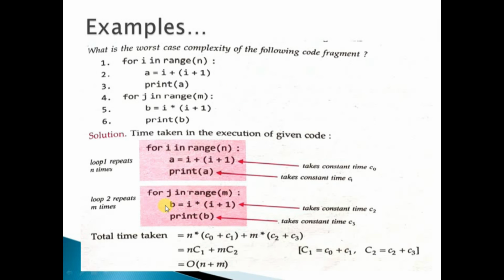If you remember how to calculate the complexity of a loop, it is the number of steps required by the statements multiplied by the size, that is, the number of iterations. So this requires n iterations, so n into c0 plus c1, plus m into c2 plus c3, and we just add those constants into a new constant c1, so it becomes n c1 plus m c2.